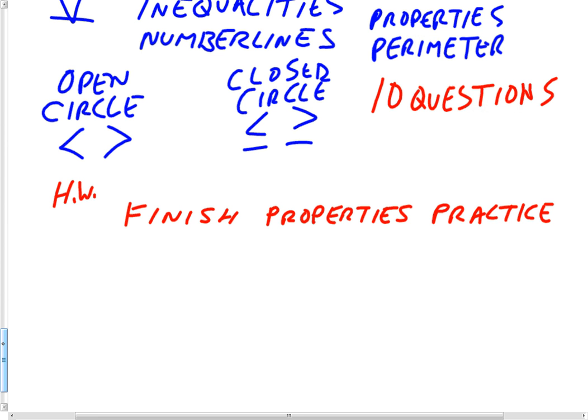I gave you a worksheet that looked like this. We did four of them. Do the rest. Practice up. We also did this worksheet. I told you to do 4, 5, 7, 9, and 10. Now do the rest. Finish study guide 3.